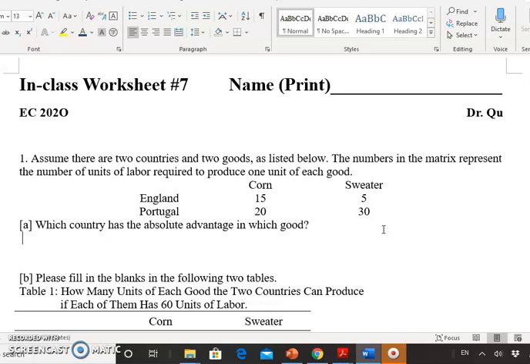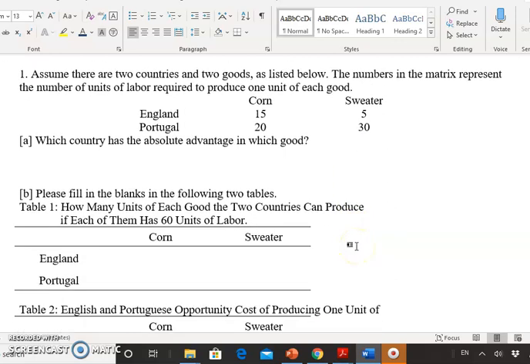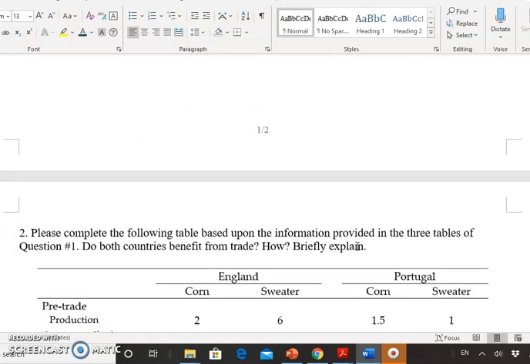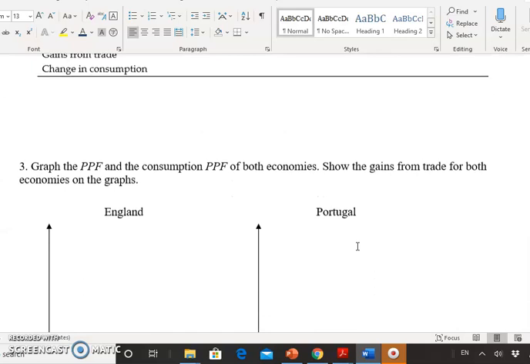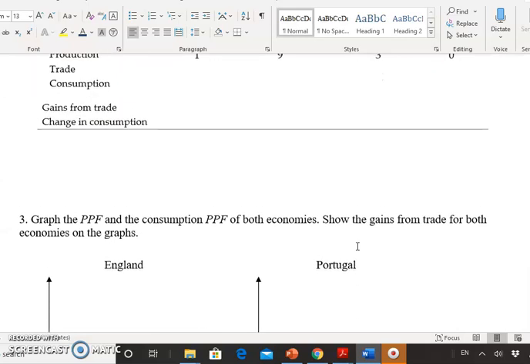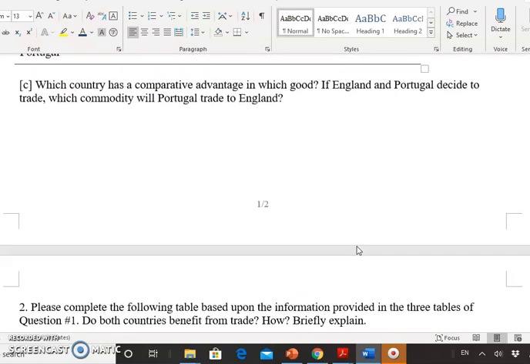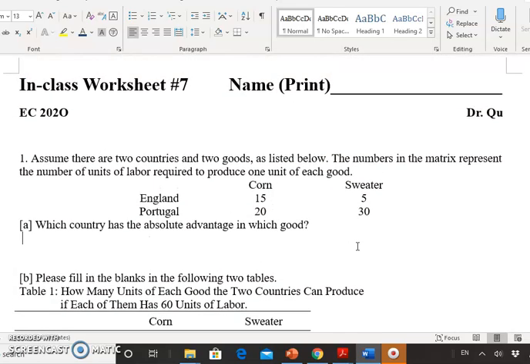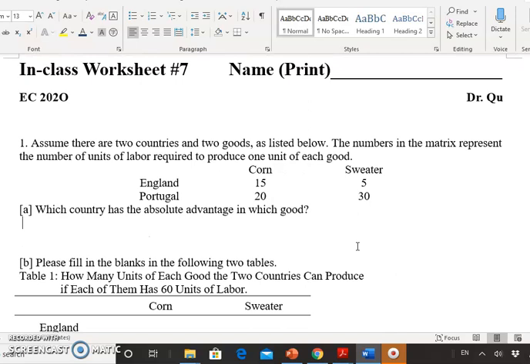On this worksheet, you can find 3 questions, but all of them are the same example. I just break them down into 3 different parts, and you'll also find multiple tables you need to fill out.